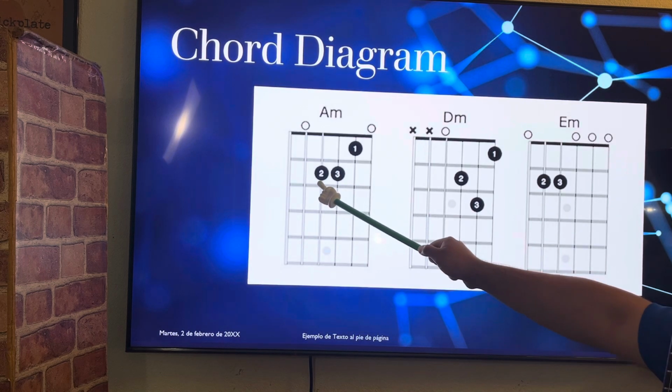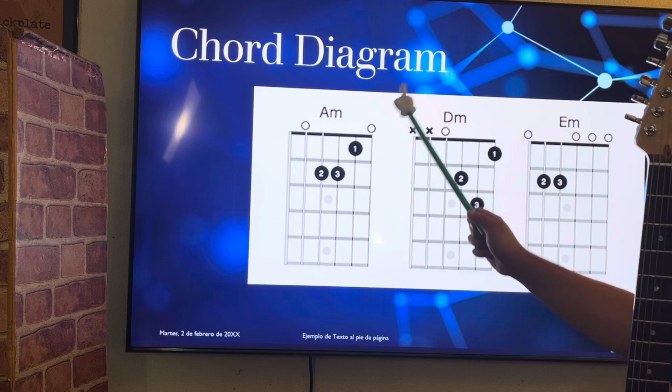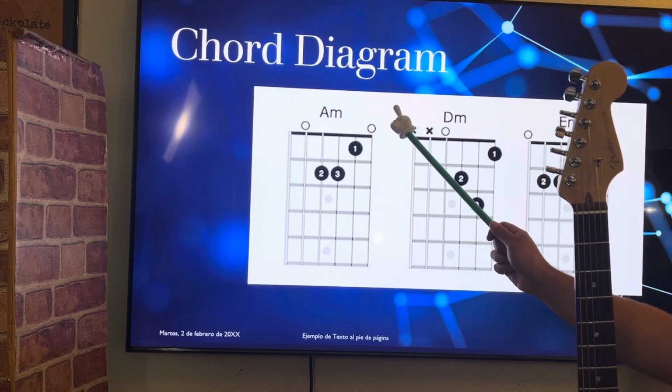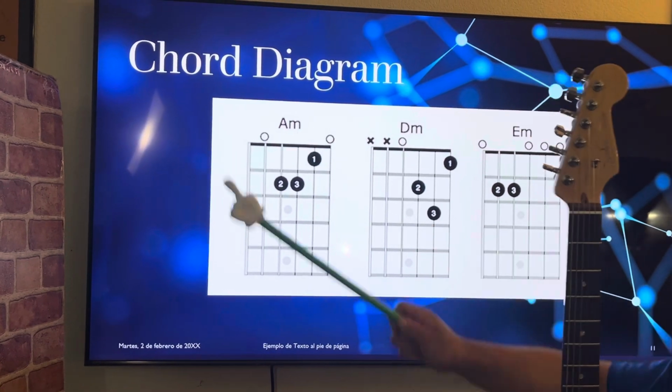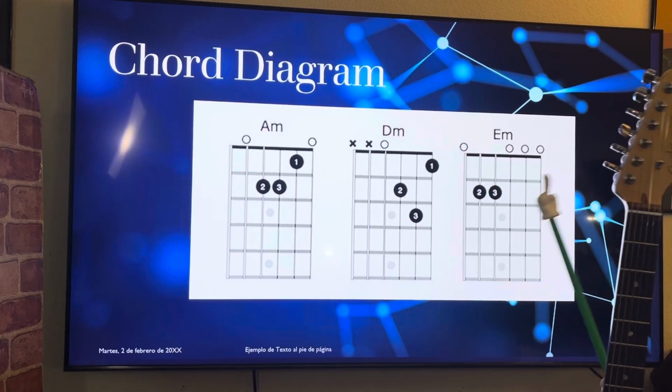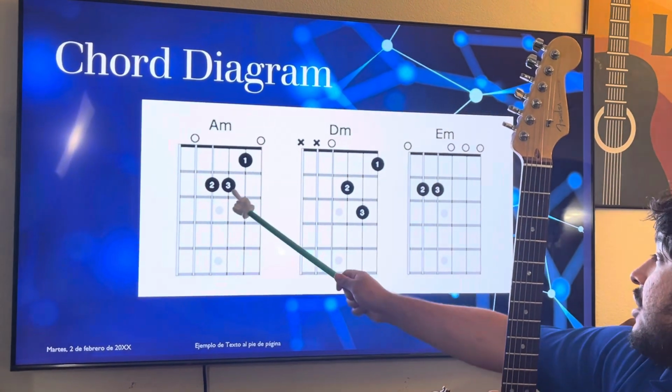And we also have the same figure right here, A minor. Whenever you think about chords, I don't want you to think about them only as chords, like, oh, that's A minor. Well, I do want that, but what's more important than the actual name is the shape.